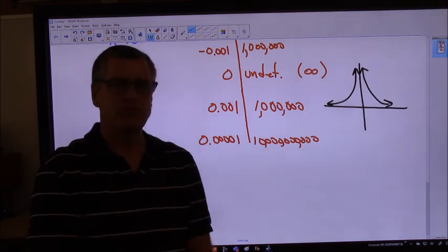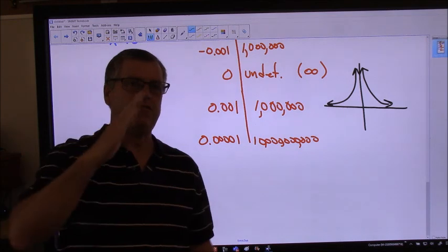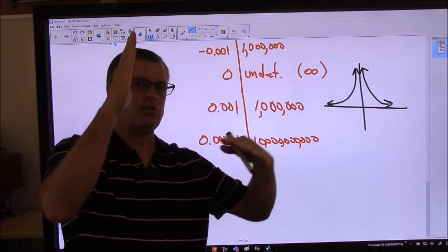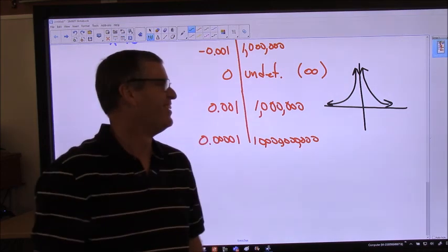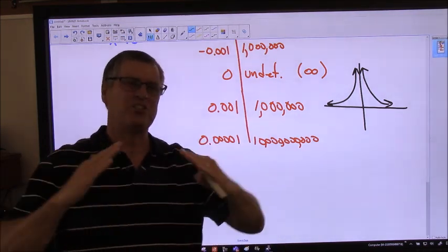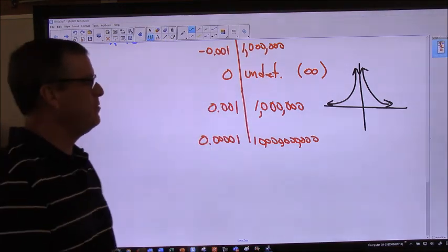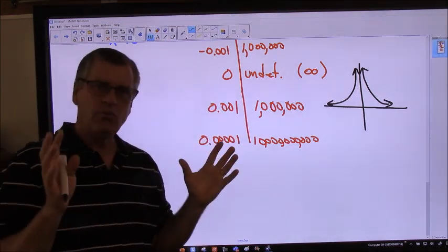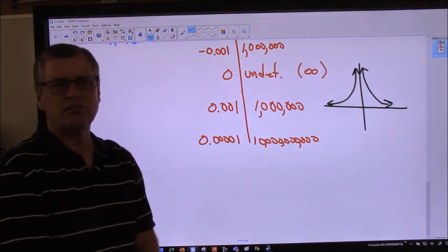That's why some people would say the limit does not exist, because I don't really know if infinity on this side is equal to infinity on this side. I'm pretty sure both of these graphs go up forever, and so I think the limit is infinity. But just to be aware of it, I have heard people say, no, that limit does not exist.